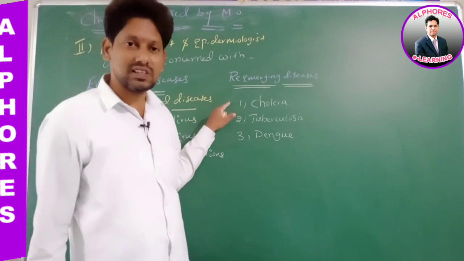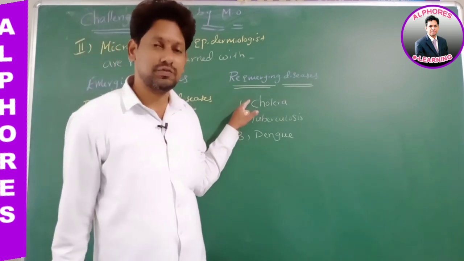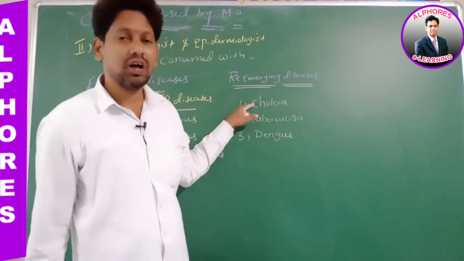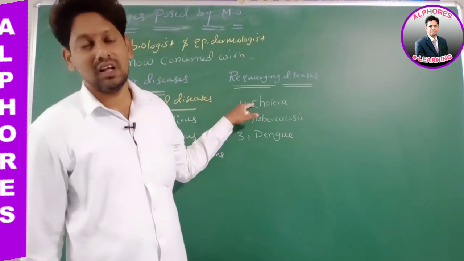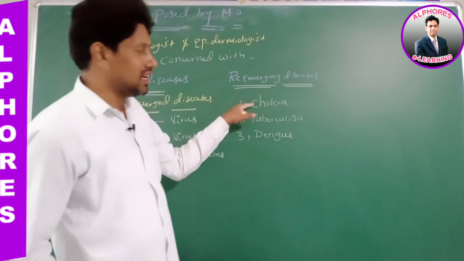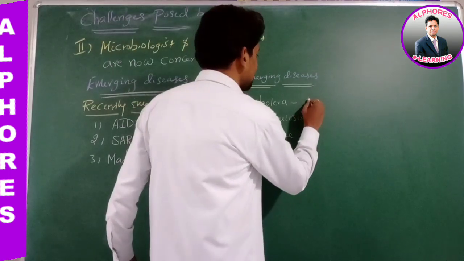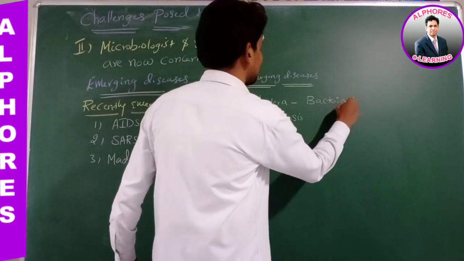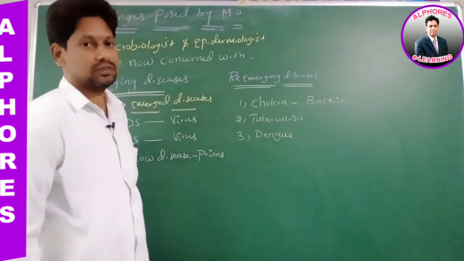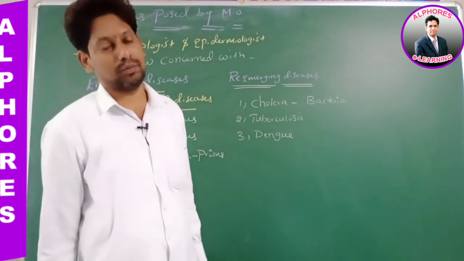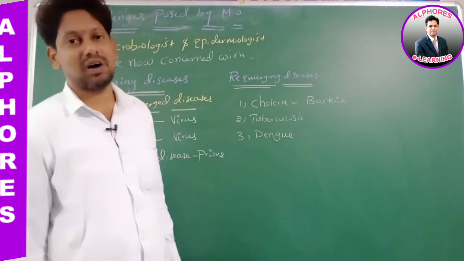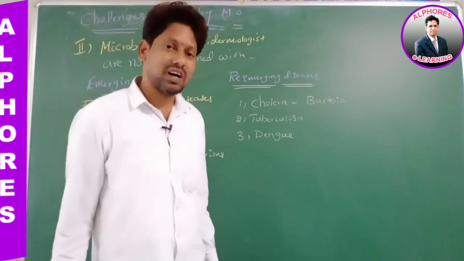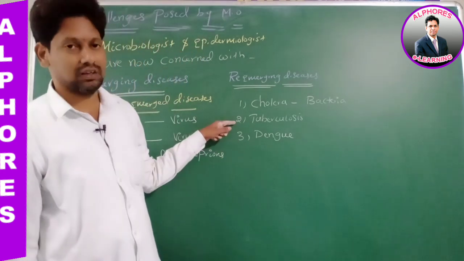In first year, we discussed that Vibrio cholerae causes cholera disease. Vibrio cholerae is a bacteria, therefore cholera is caused by bacteria. The bacteria which causes cholera is what shape? Comma shape, because Vibrio means comma-shaped bacteria.